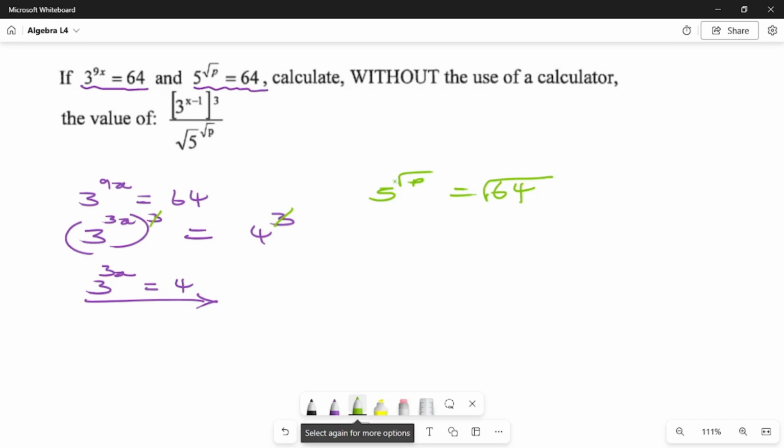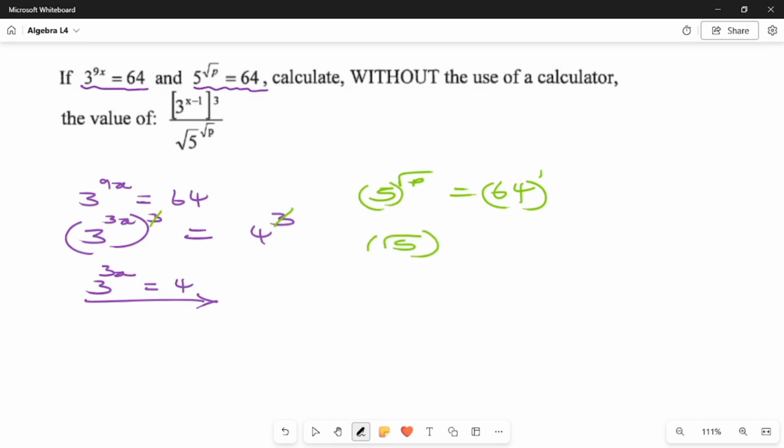We know that the 64 is to the power of 1. That means that the 5 is to the power of root p. So what we will do over here, we will root the 5, and it is still being raised to the power of p. And then we will have to do the same here and say 64.